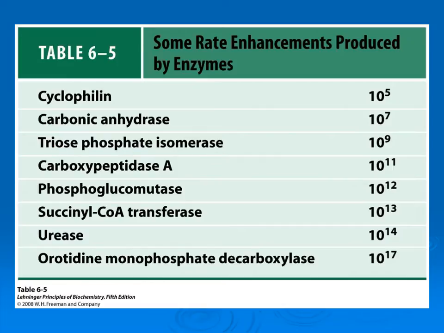This is TPI, triose phosphate isomerase. Knowing what you know so far, what kind of reactions do you suppose an isomerase does? What's it going to do? Because you needed to know your enzyme families. What does an isomerase do? It changes from one isomer to another.